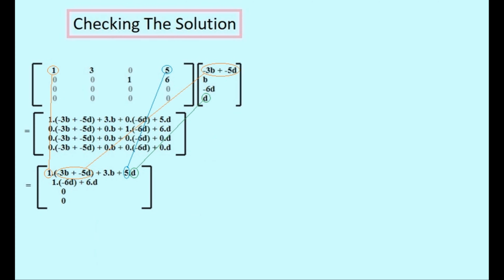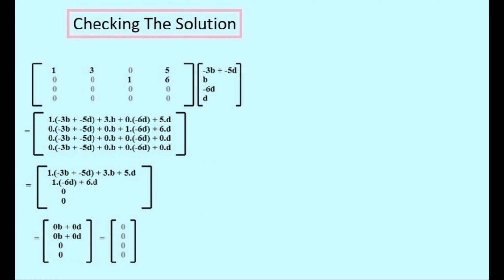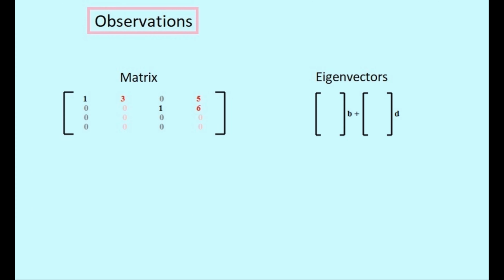And we can eliminate all of the zeros in this vector, which gives us this vector, which looks like it could simplify to become the 0 vector. And so it does. So this vector is a solution for the kernel. And so we've found the eigenvectors.